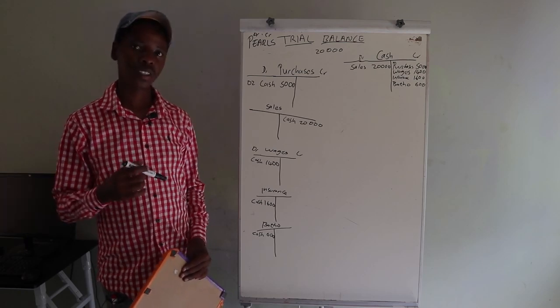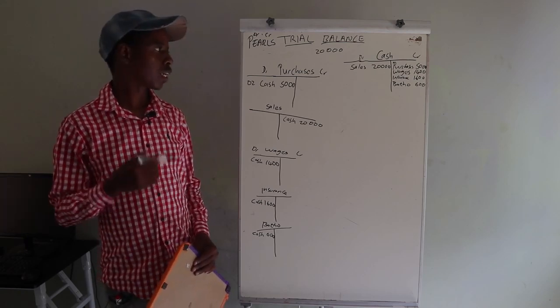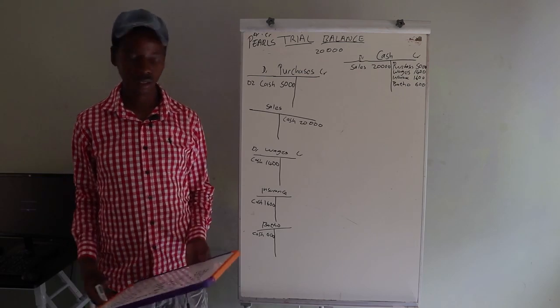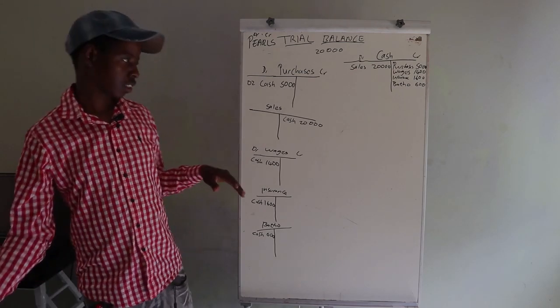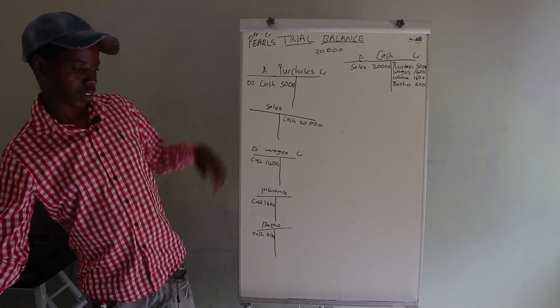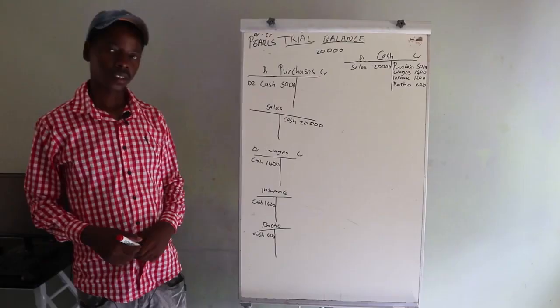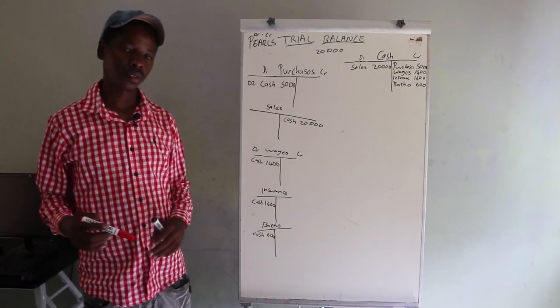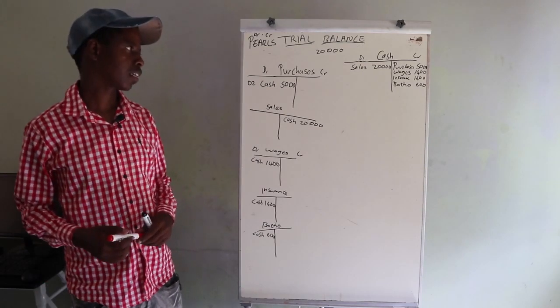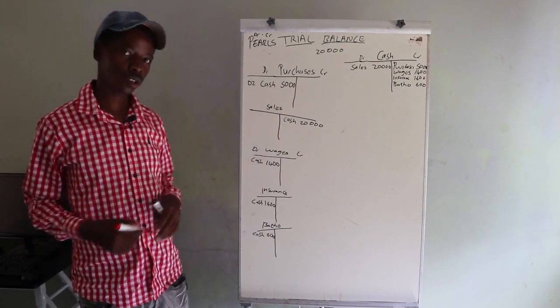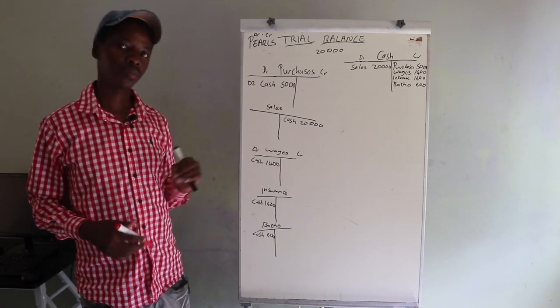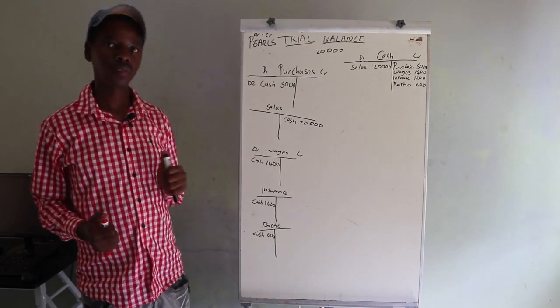Now, afterward, we are going to balance them, right? So we are going to balance this account. Now we get into the balancing part, right? So after you recorded all your transactions, now it's time to balance them off, right?